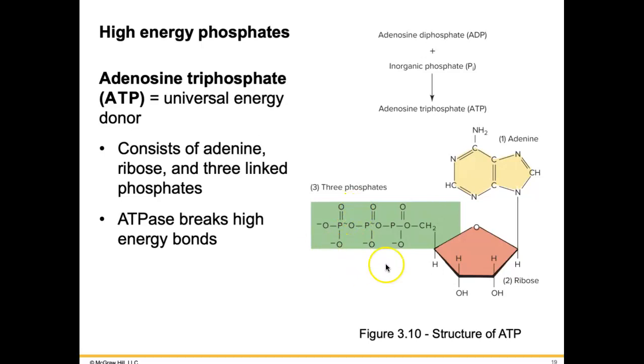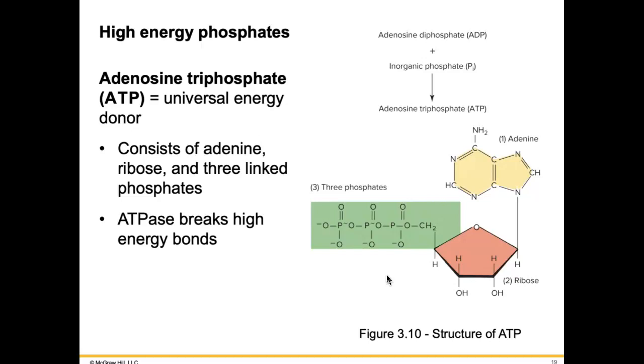So if I break off one, this is now called ADP, or adenosine diphosphate. And if I were to further break off another one, then this would be called AMP, or adenosine monophosphate, mono meaning one.